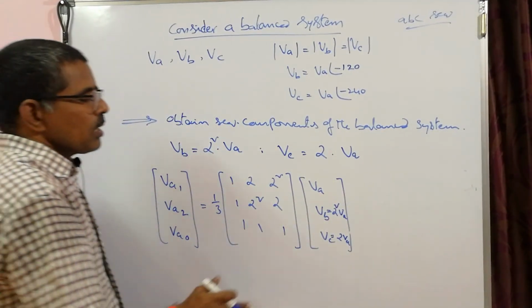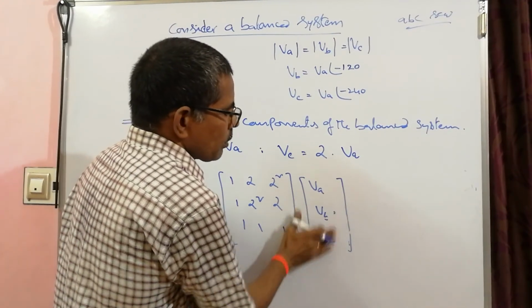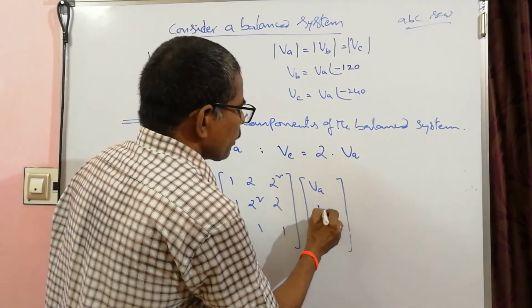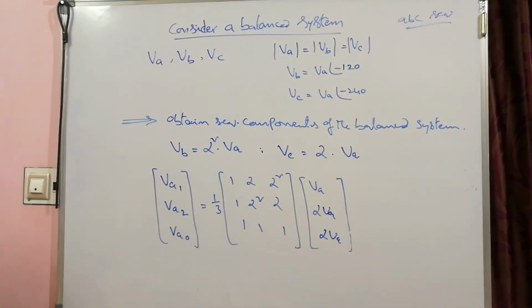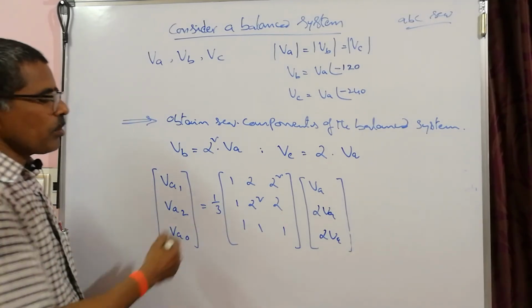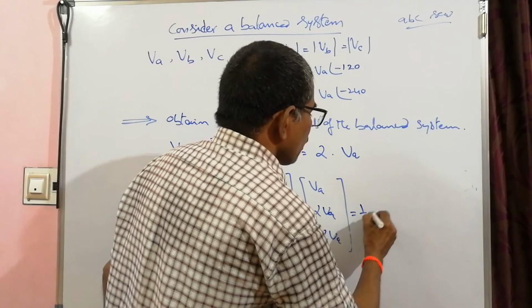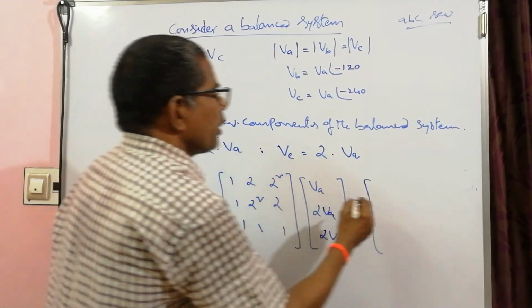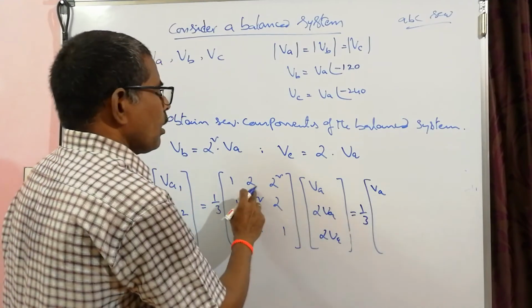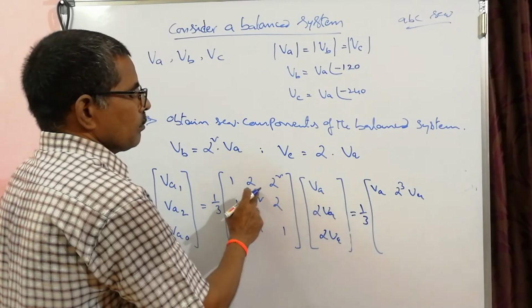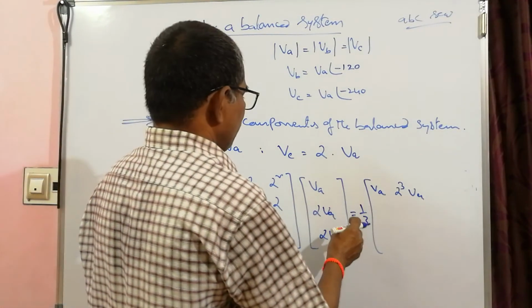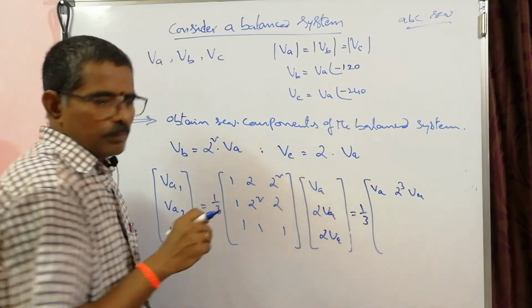Now you just substitute and simplify. So if you simplify this, you will be getting 1/3 of VA, alpha cube VA, again alpha cube VA, this multiplied by this.